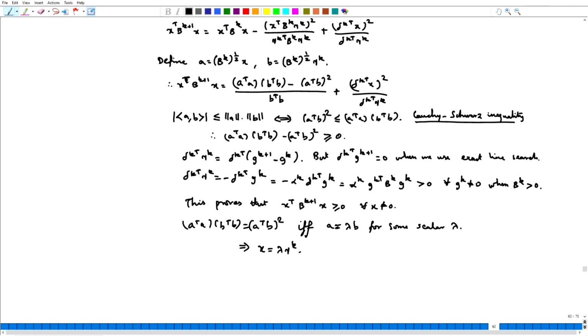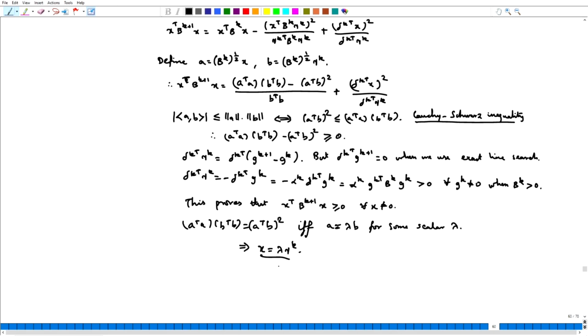That is the condition when A transpose A B transpose B minus A transpose B the whole squared is equal to 0. So, the first term becomes 0 when x is equal to lambda gamma_k.